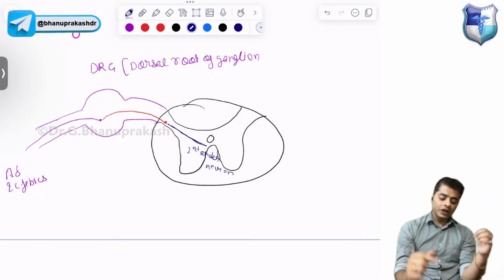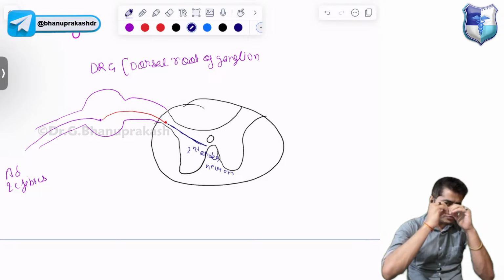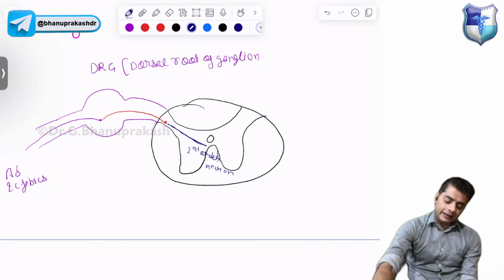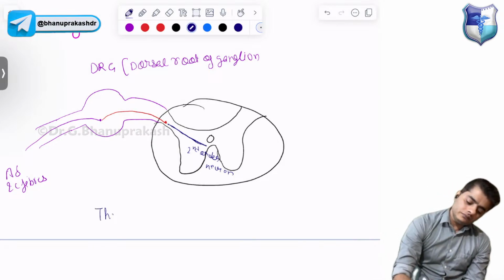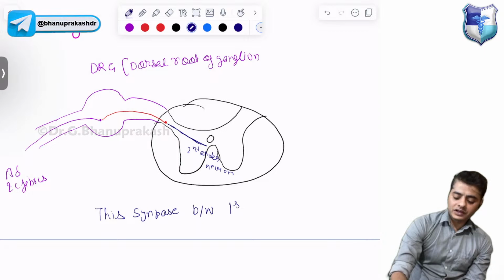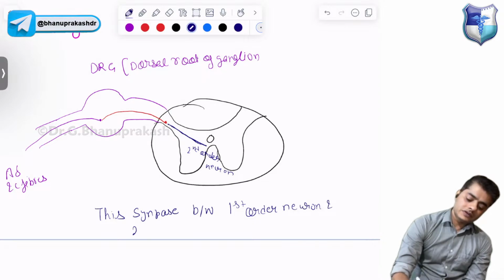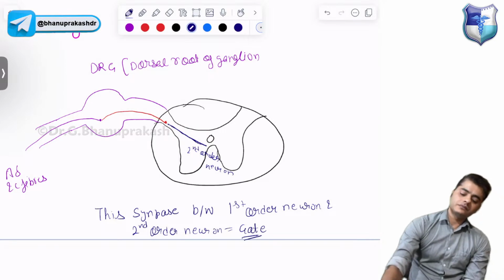The first order neuron and second order neuron meet in the area of substantia gelatinosa, and this synapse between first order neuron and second order neuron is known as the gate.